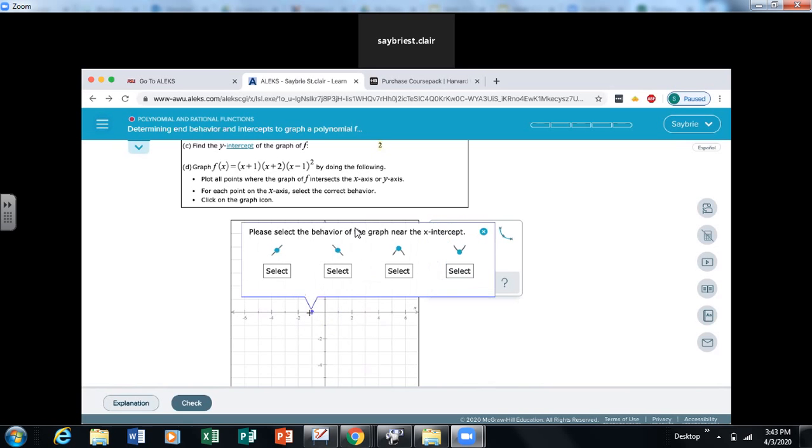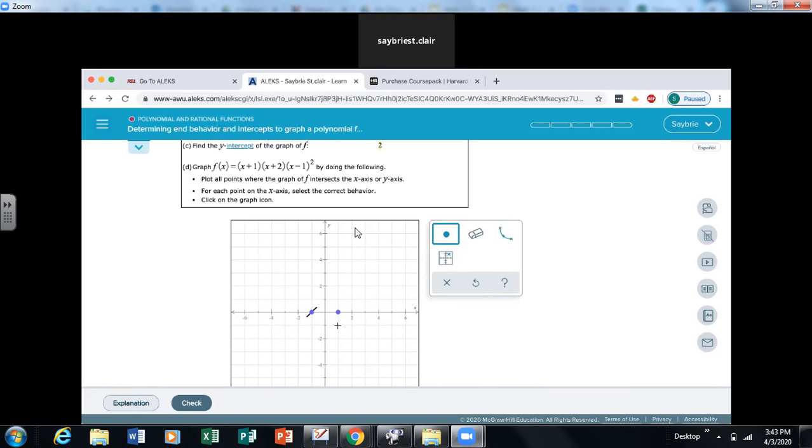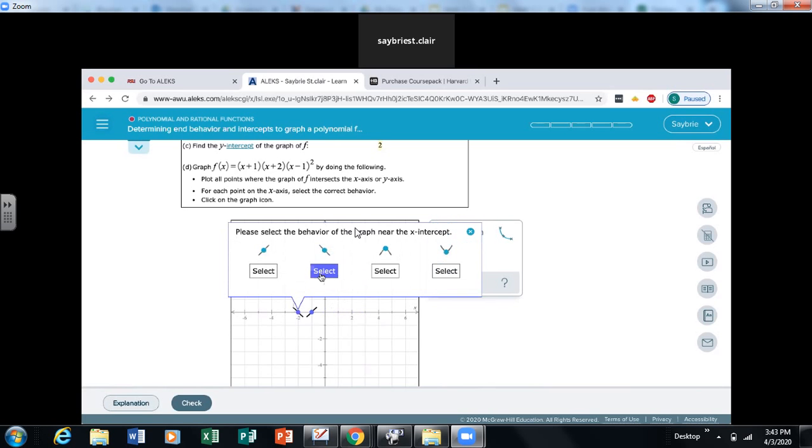That's exactly, yep. And then select how that's going to be, and that's going to be that far left one if I'm looking at the picture of that graph. Yep. And then you got a dot on -2. And that one's going to be that middle one right there.